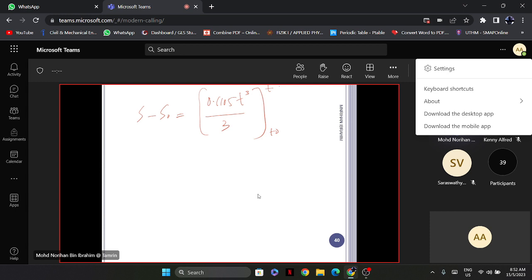So s naught is equal to 0, and similarly t naught is equal to 0 as well. Therefore, s is equal to 0.1105 divided by 3, we got 0.0368 t to the 3.